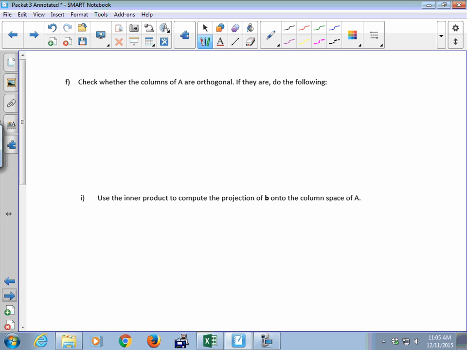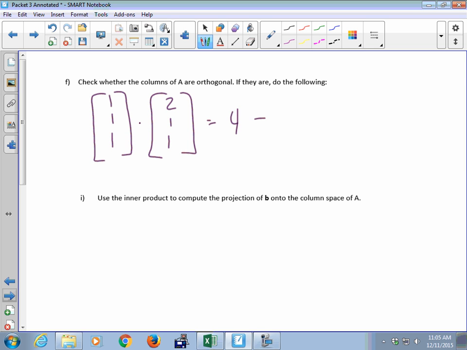So this is the alternative method of finding b hat. We could have found b hat the way that we learned last class: you can find the projection of b onto the column space of A if you have an orthogonal basis for col A. To check that, I look at the columns of A. (1, 1, 1) dotted with (2, 1, 1) gives 4, which is not 0, so these are not orthogonal.